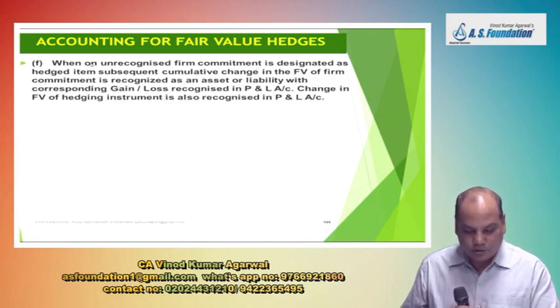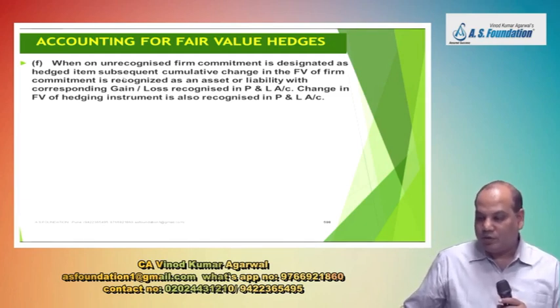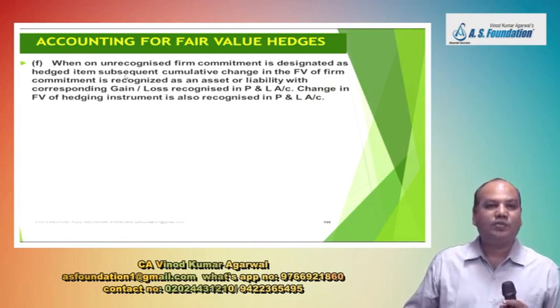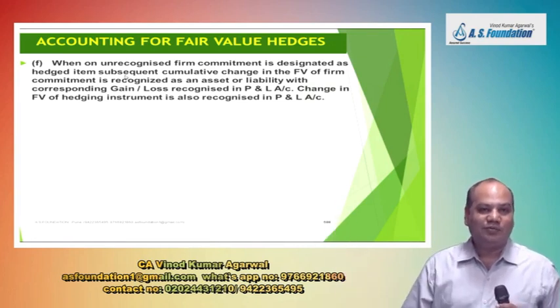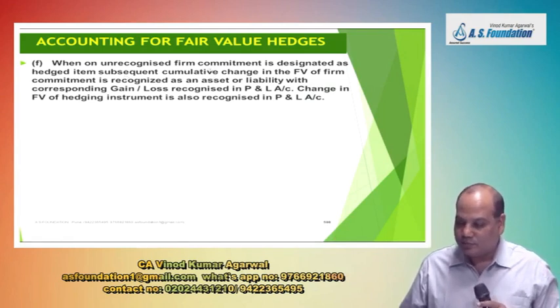F. When an unrecognized firm commitment is designated as hedged item, like this, we have to purchase a machinery from Alabama. We have entered into a contract. So that is an unrecognized firm commitment.